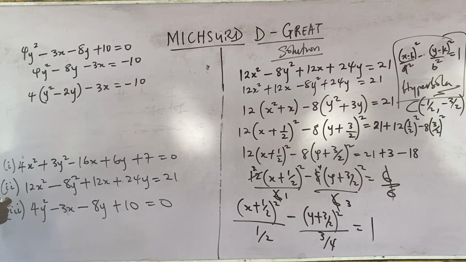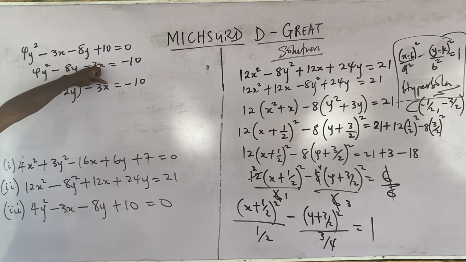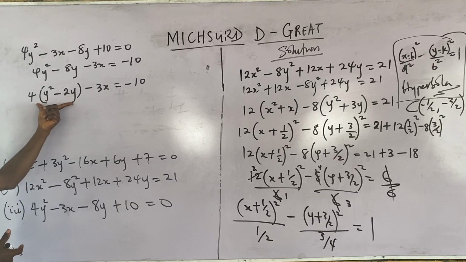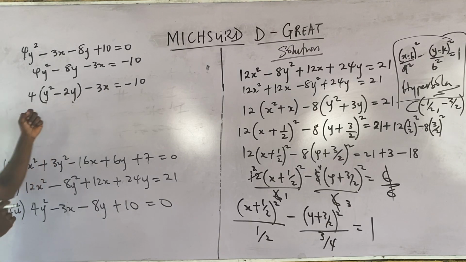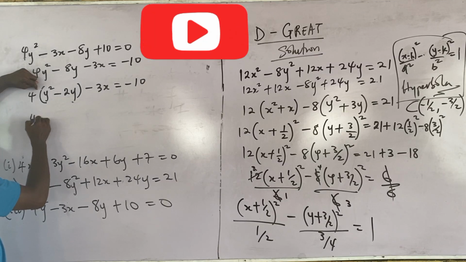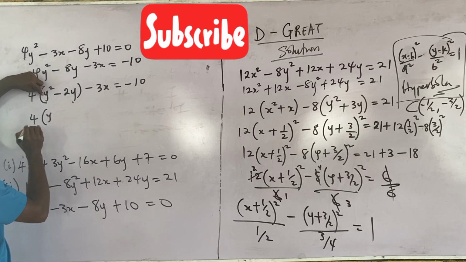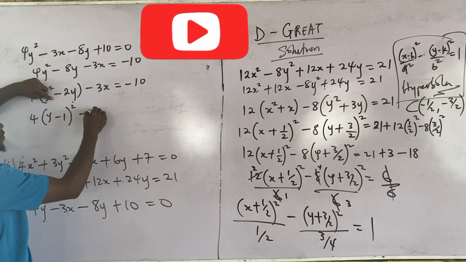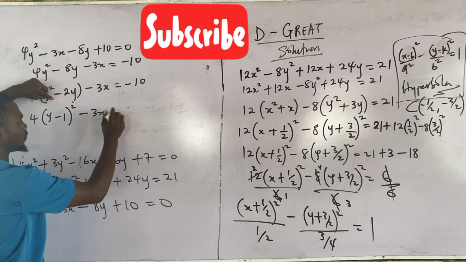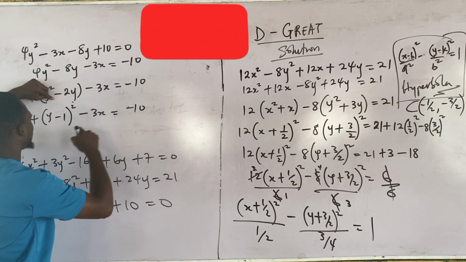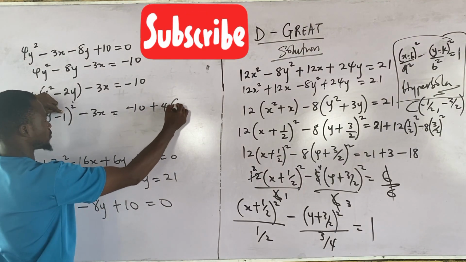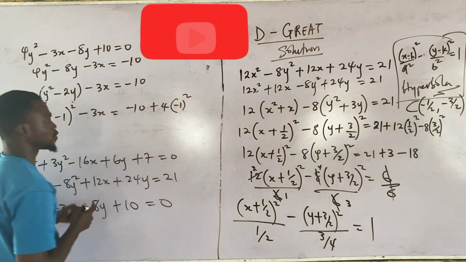So if we complete the square, we can only complete it for the y terms, because the x is only in this form, unlike the one we solved before. So we use the same way we've been solving. Pick only y, divide by 2, you have minus 1 all squared, minus 3x equal to minus 10. Now we account for this plus 4, and we also account for the minus 1 all squared.